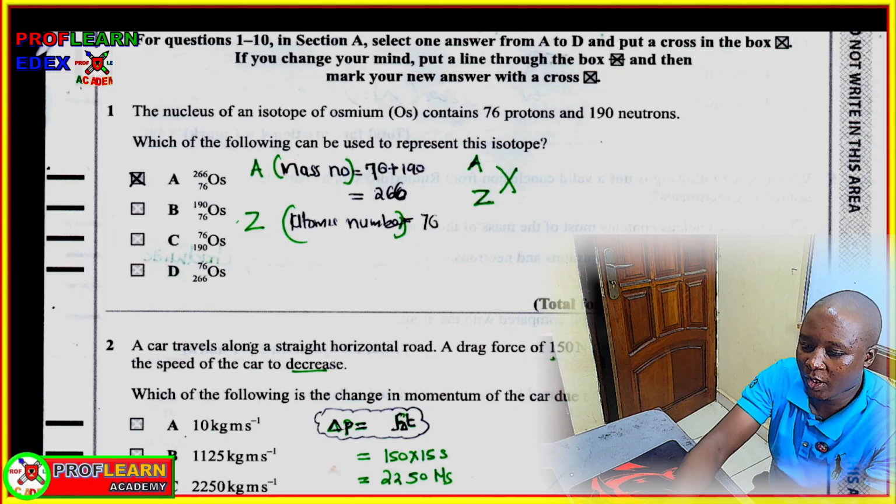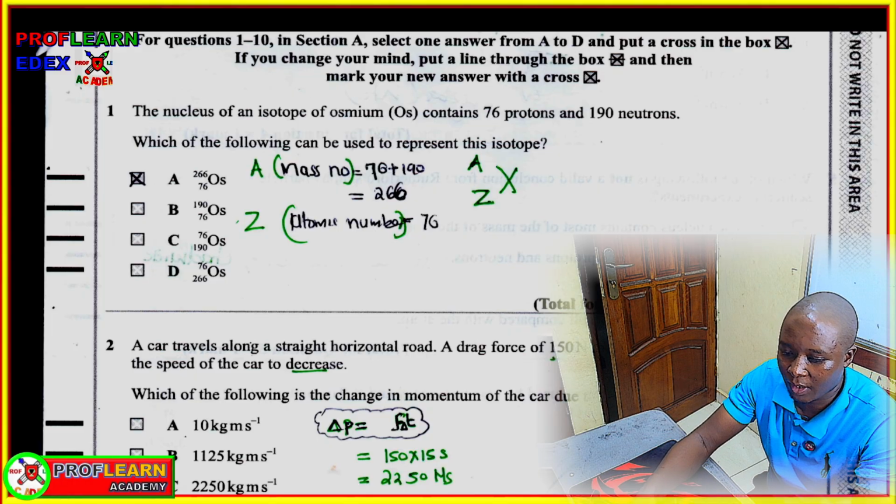So you need to understand the structure of an atom. In question number 1, we are told that the nucleus of an isotope of osmium, Os, contains 76 protons and 190 neutrons. You need to understand that the mass number is equal to the number of protons plus the number of neutrons.